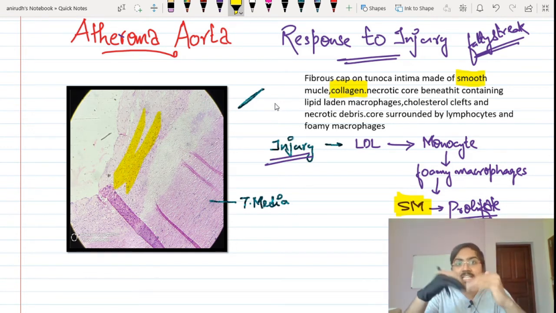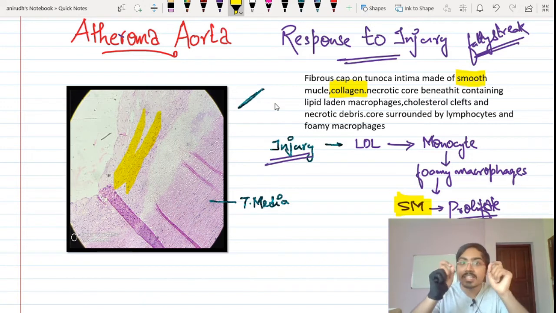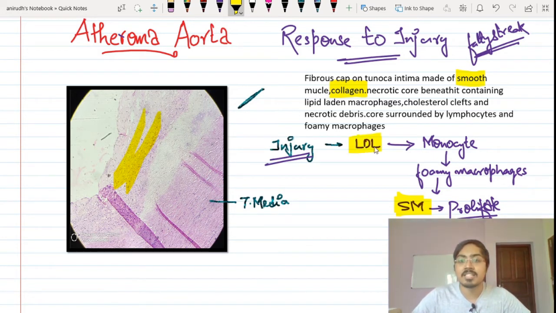Beneath the cap you have a necrotic core, and there comes all the lipid content in an atheroma. We said that LDL and its oxidized form comes over there, monocytes come over there and become macrophages. Whatever fat is over there gets accumulated within the macrophages to form foamy macrophages, and everything comes into the necrotic core. That is why it is written lipid-laden macrophages, cholesterol clefts and necrotic debris.